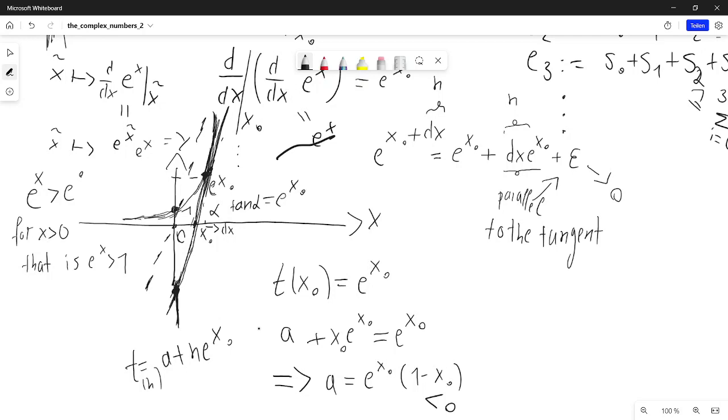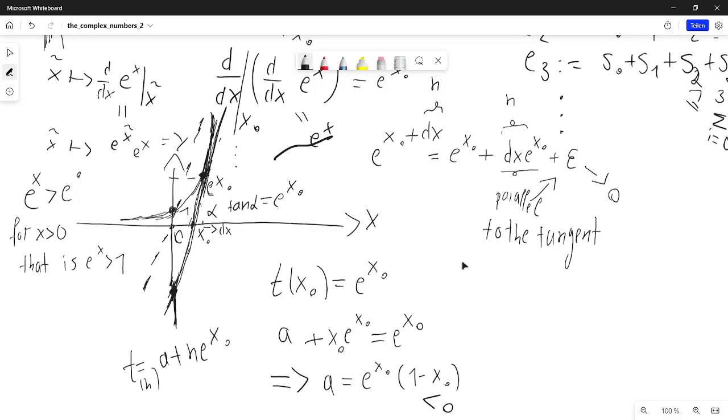And very close to that, it would be the same as the value of the function at this changed point x0 plus dx, and the function is now e, so e to the power of x0 plus dx. Right. Alright, now the confusion is cleared.